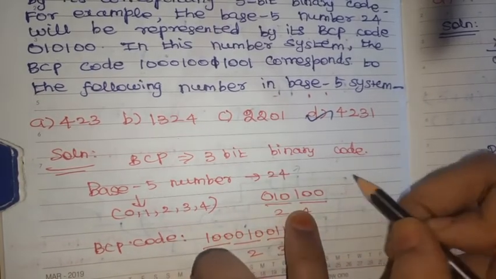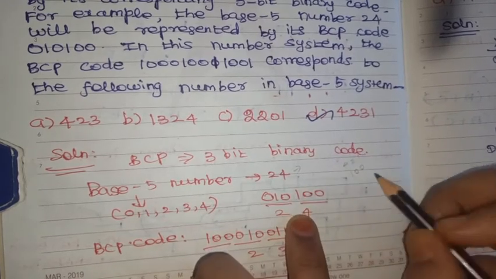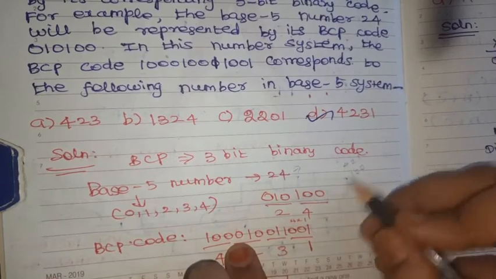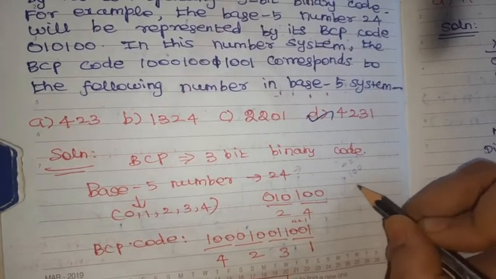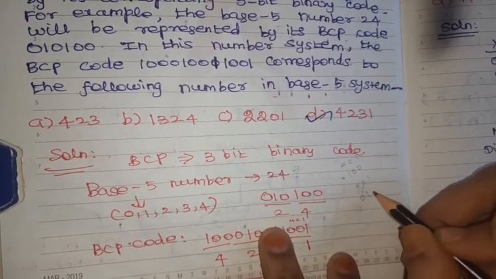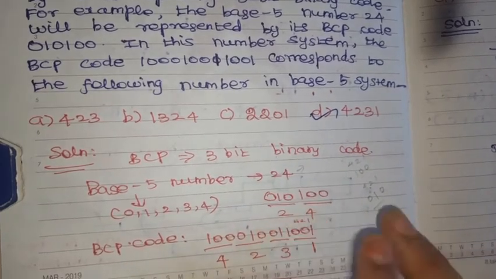For 4 it is 1, 0, 0. For 2 we can represent it by 3 binary digits, 0, 1, 0, which means every digit is represented by 3 digits.